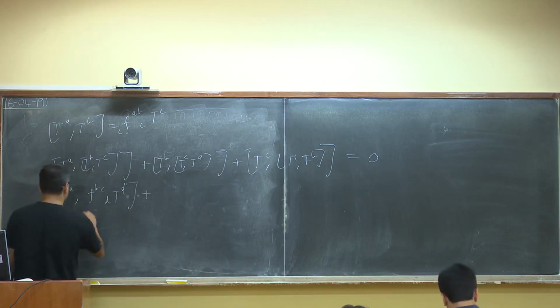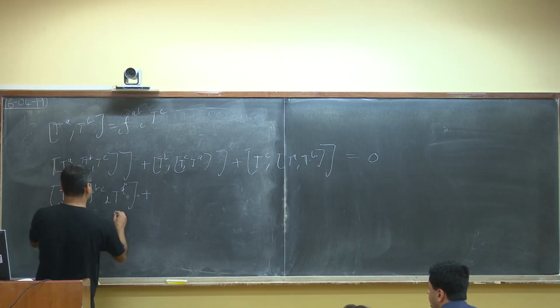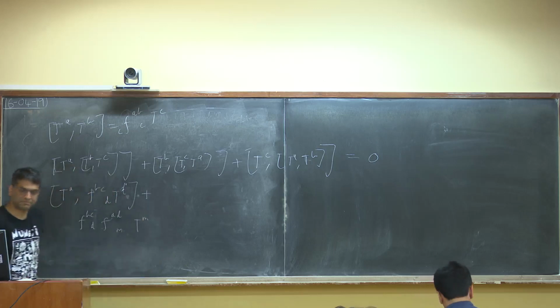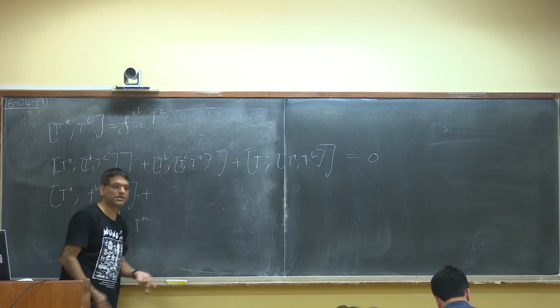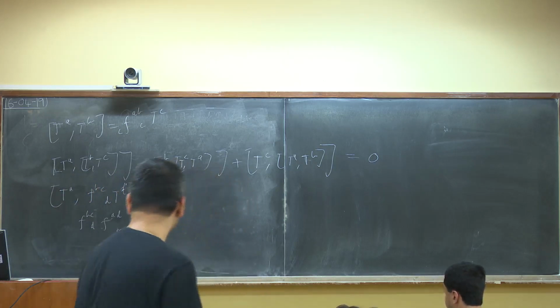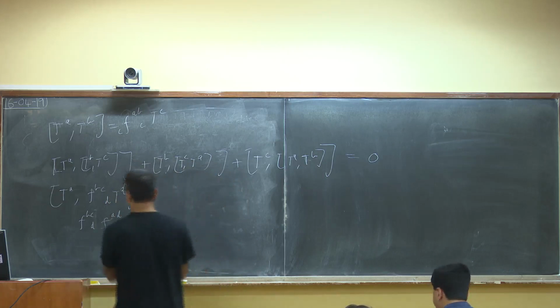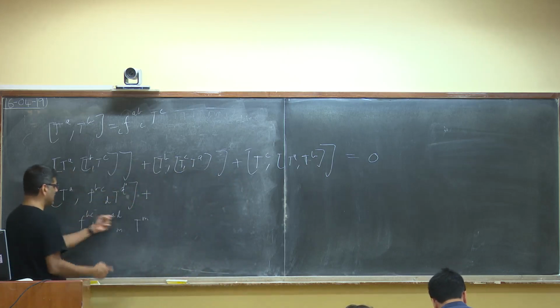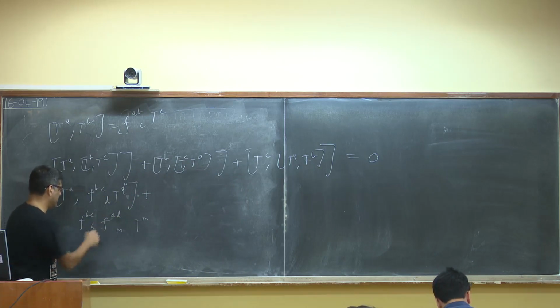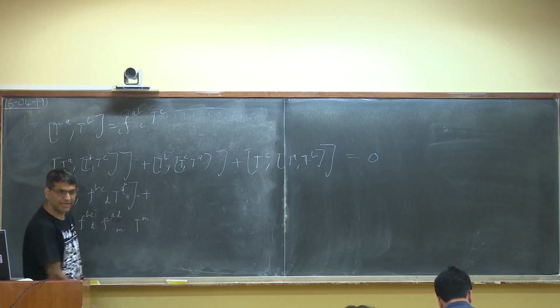This term was f_BCD and this was f_ADM T_M. The other two terms are similar; they're just related by cyclically permuting A, B, and C. And so we conclude that this quantity cyclically permuted in A, B, and C, with D contracted but M left free, has to be 0.